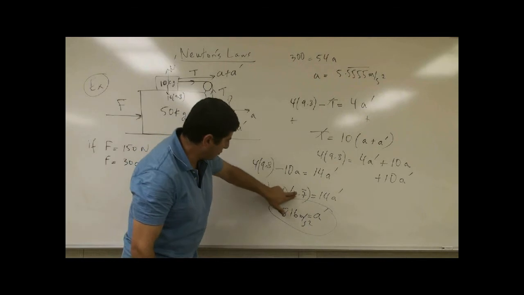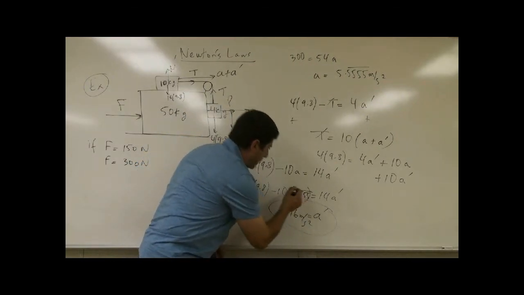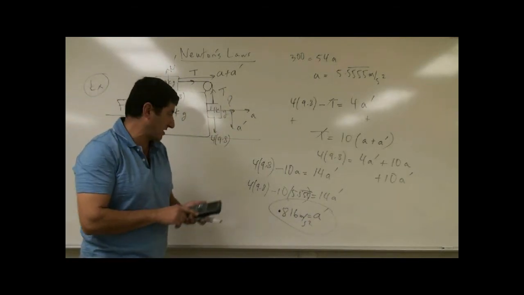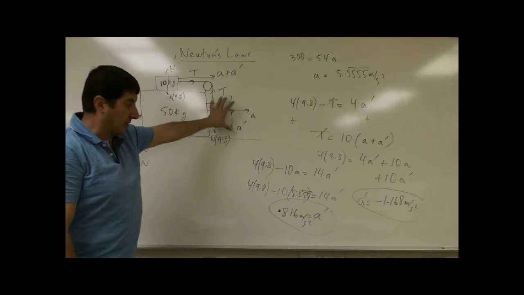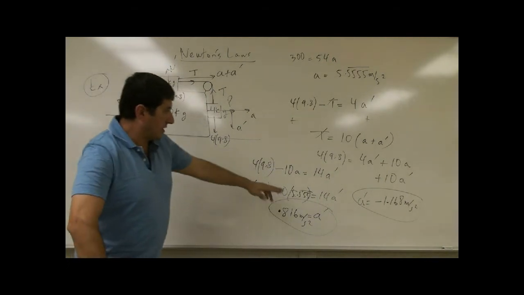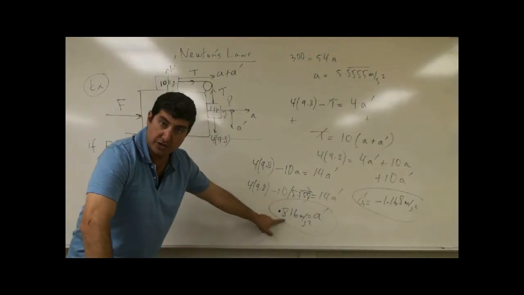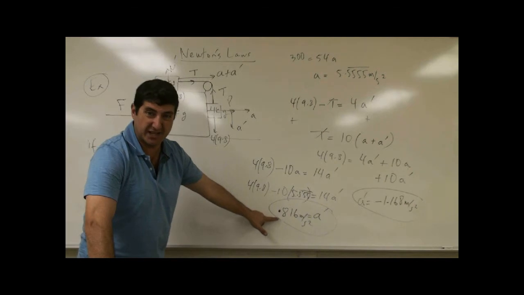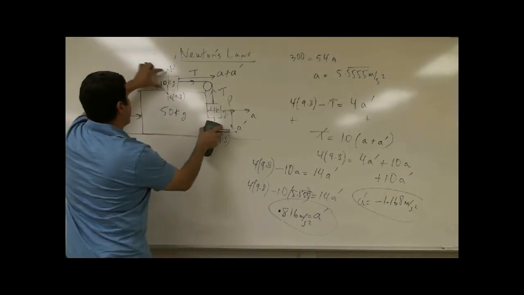And then basically here you put 5.5555, right? So now what's going to happen? The acceleration is going to be negative. The acceleration will be negative, but it's not going to be equal to the negative of this. So it's not necessarily negative 0.816. It is negative 1.168. So this goes back and this goes back.